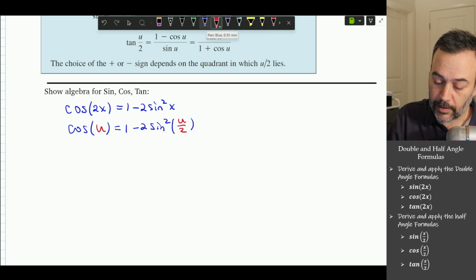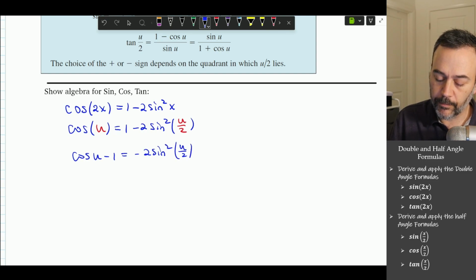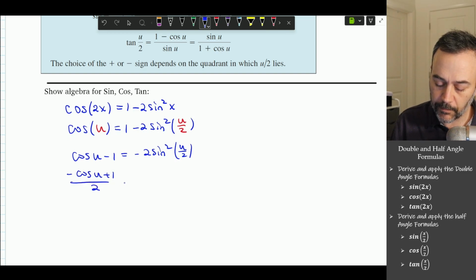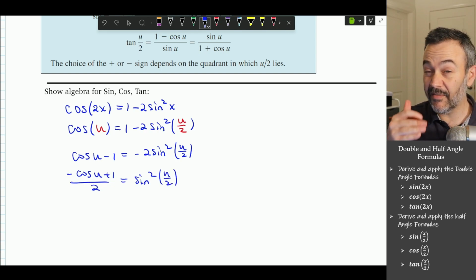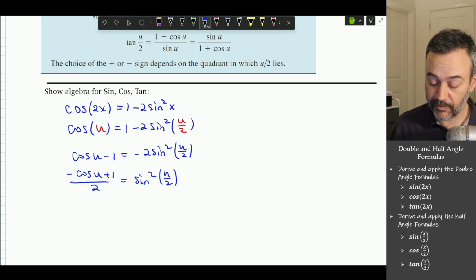So I get cosine u minus 1 equals negative 2 sine squared u over 2. Divide both sides by negative 2, and I get negative cosine of u plus 1 over 2 equals sine squared u over 2. Now I want sine of u over 2 by itself, so I take the square root of both sides.